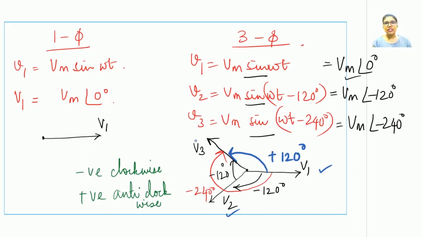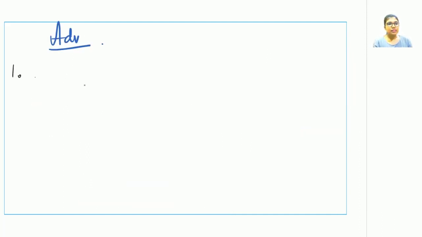Now let us study the advantages of this three-phase system over the single-phase system. Why are we in a dire need of using this three-phase system over the single-phase system? There are a few points that one has to take care of. The first point is the output of a three-phase system is greater than that of a single-phase system.